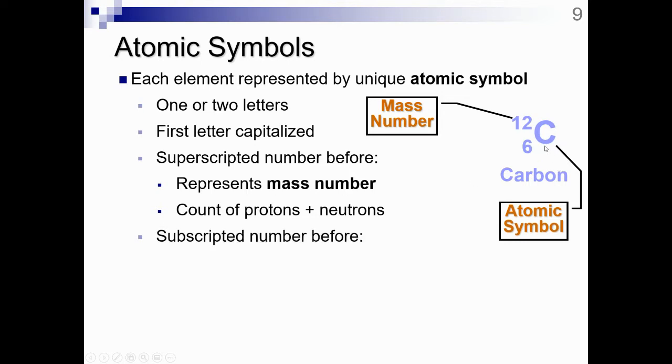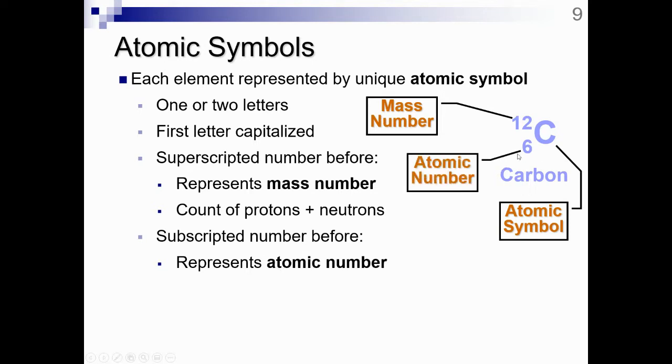The subscripted number before it, this is always going to be the smaller number if I'm given two numbers. The smaller number, in this case subscripted, is the atomic number. Right? The atomic number, remember, is the number of protons in the nucleus.